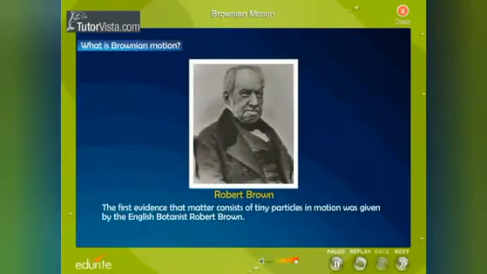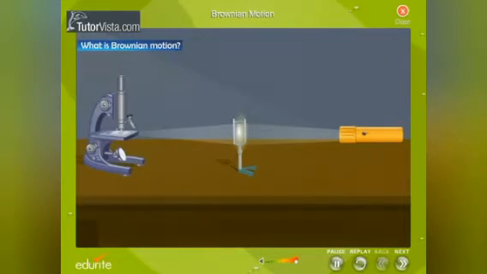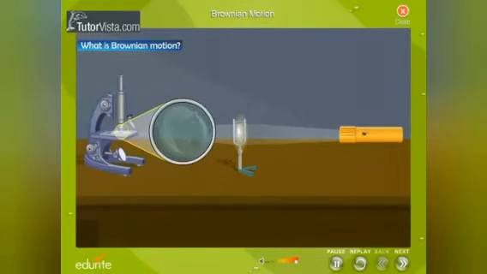The first evidence that matter consists of tiny particles in motion was given by the English botanist Robert Brown. When Robert Brown was studying pollen grains suspended in a liquid using a microscope, he discovered that the pollen grains were dancing to and fro in a random manner.